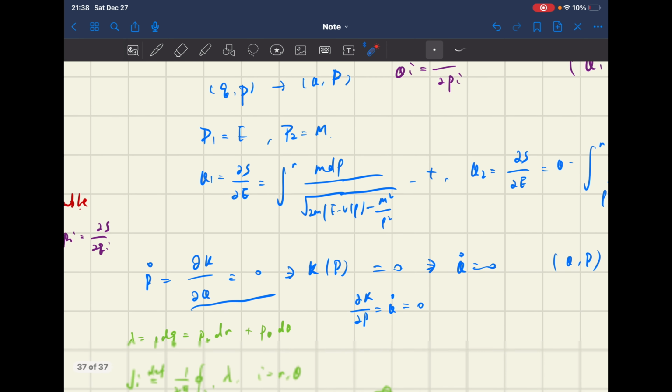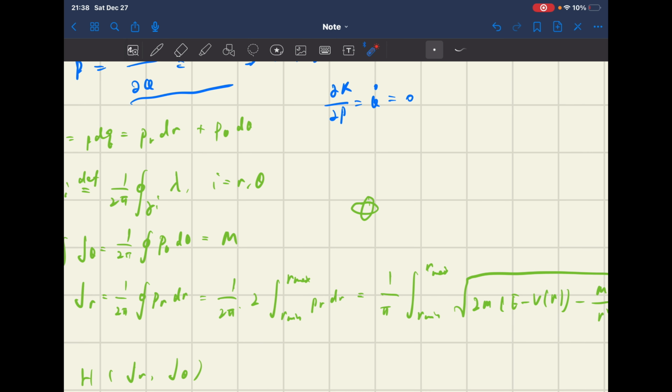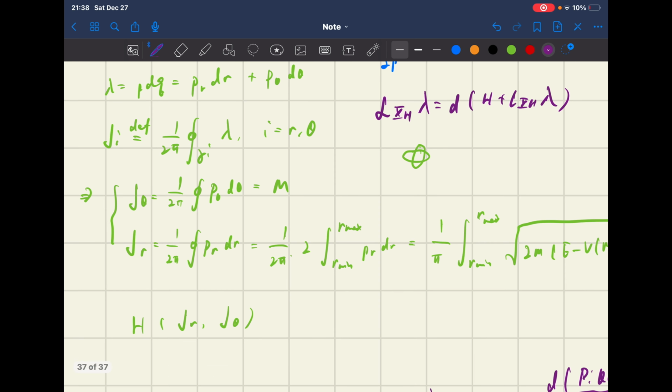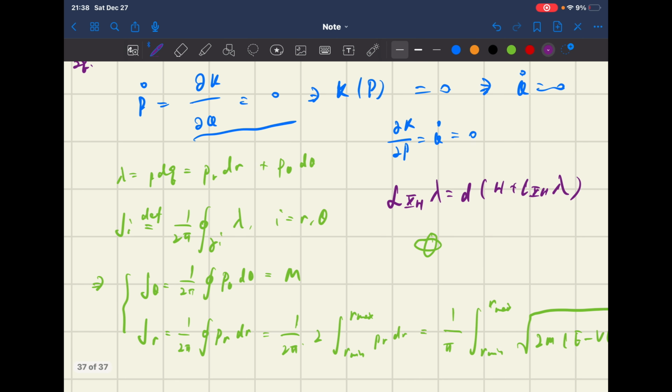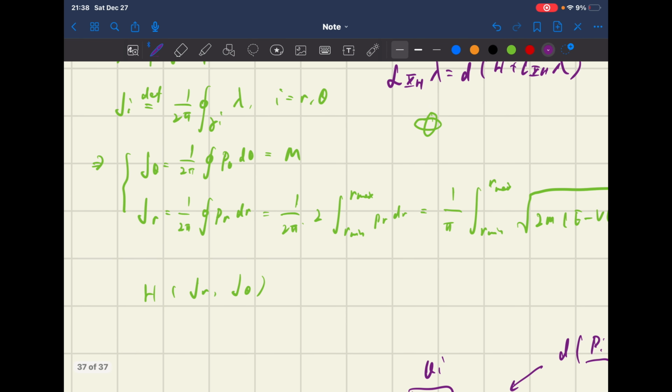And the reason why we take the tautological one-form is that if we think about the Lie derivative along the Hamiltonian field of the one-form lambda, you would actually get an exterior derivative. Since it could be written as an exterior derivative, its integral over a closed loop will always be 0. So that's why it satisfies the requirement.